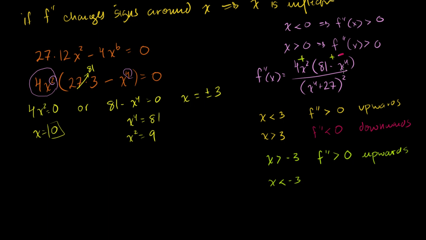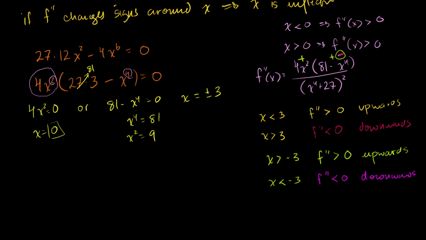But if we take minus 3.1 to the fourth, that's going to be larger than positive 81, right? The sign will become positive. It'll be larger than 81, so this will become negative. So in that case as well, we'll have a positive times a negative divided by a positive. So then our second derivative is going to be negative. And so we're going to be concave downwards. So I think we're ready to plot.